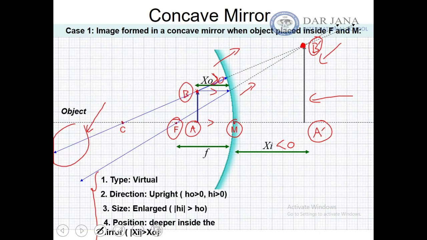Now, the direction of the image is upright, same as the object. Since it's upright, HO is positive, as it represents the height of the object, and HI is positive also, since it represents the height of the image.